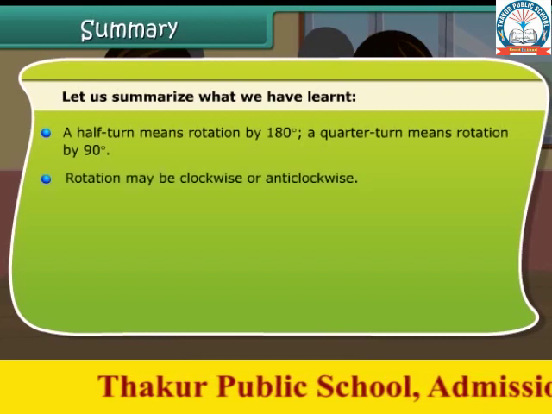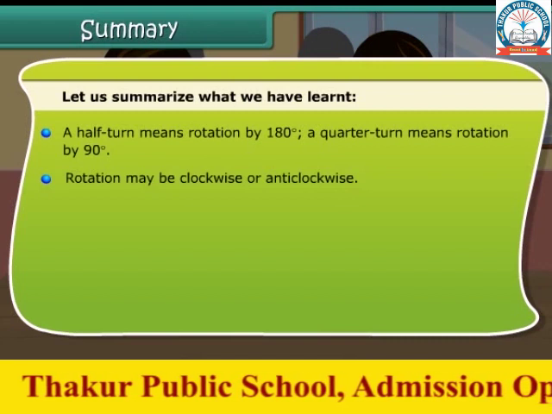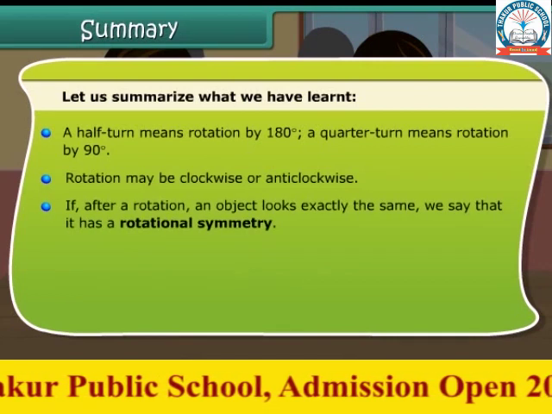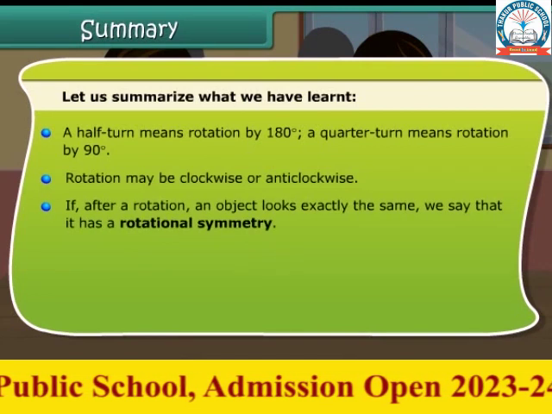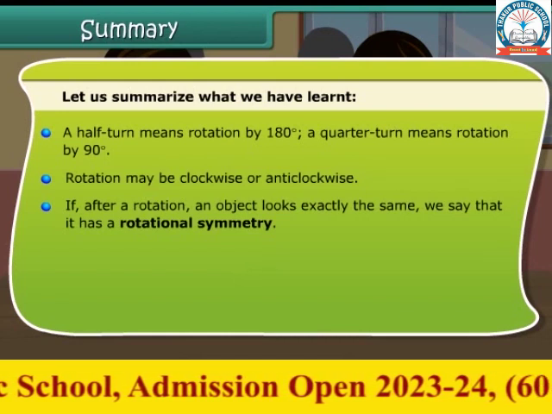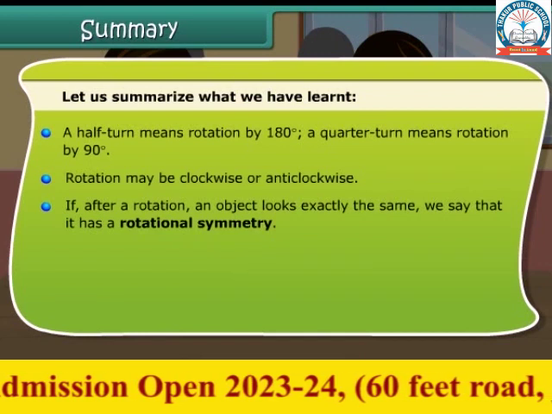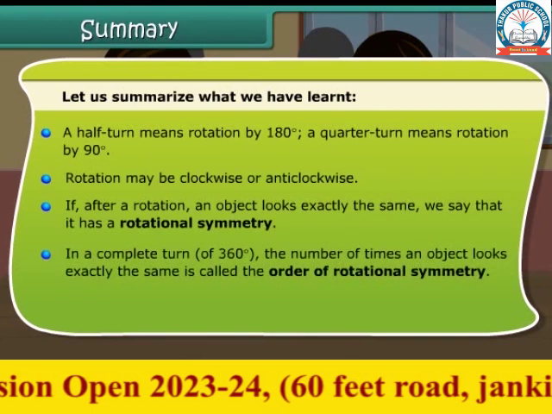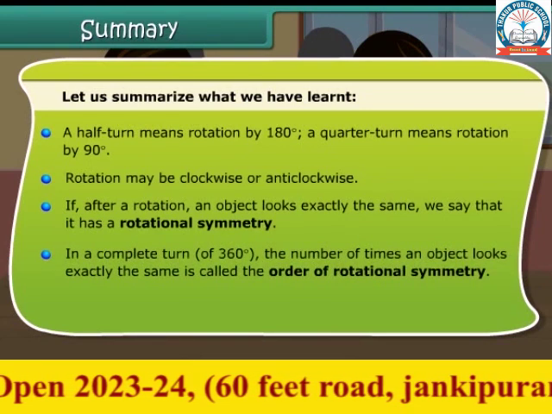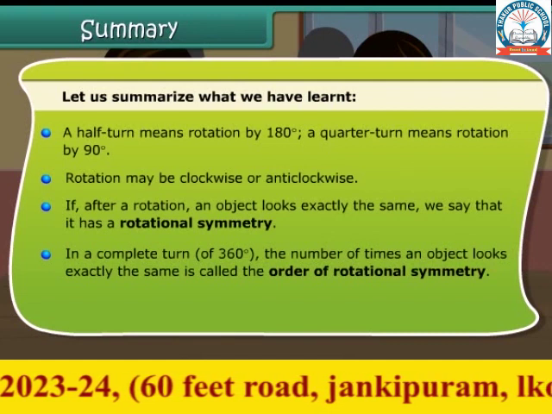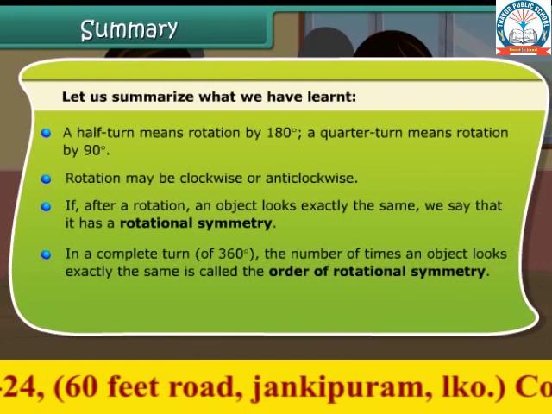Rotation may be clockwise or anti-clockwise. If after a rotation, an object looks exactly the same, we say that it has a rotational symmetry. In a complete turn of 360 degrees, the number of times an object looks exactly the same is called the order of rotational symmetry.